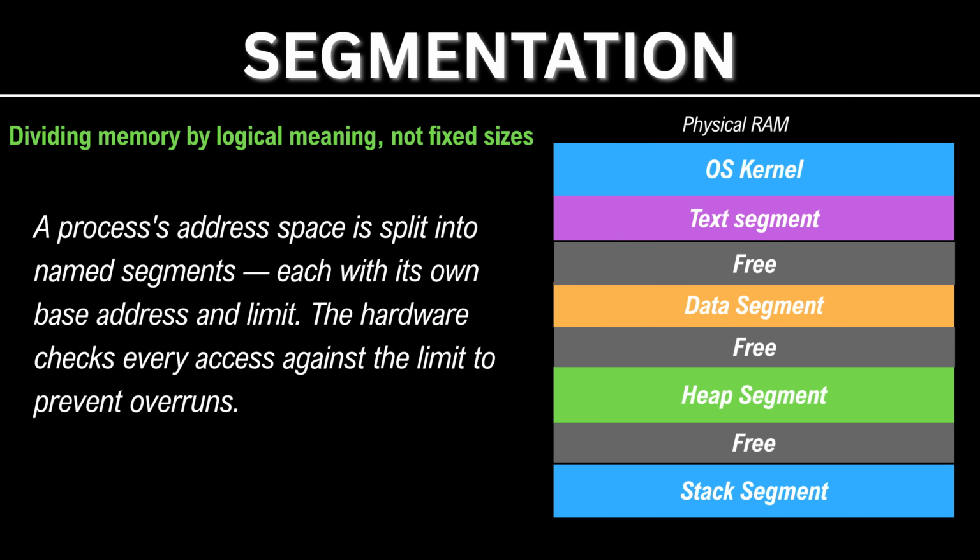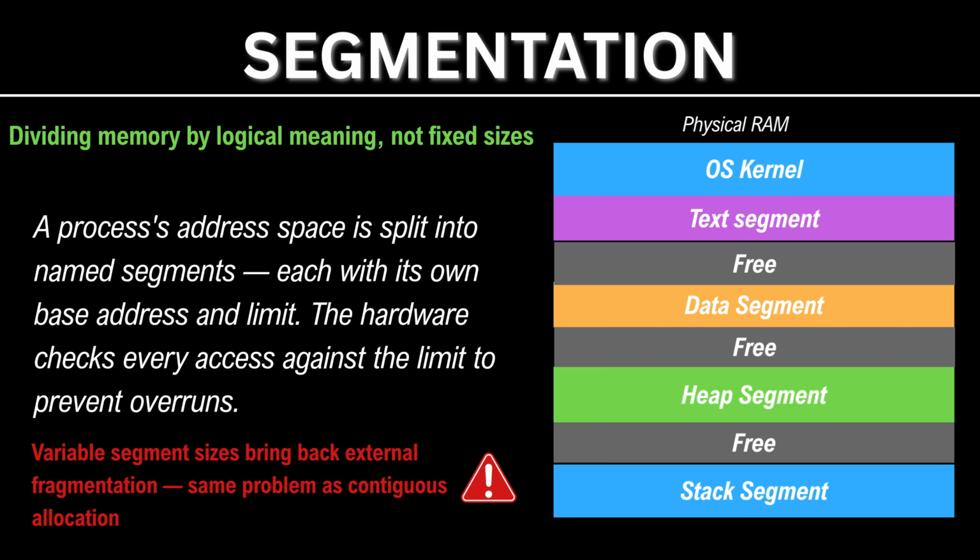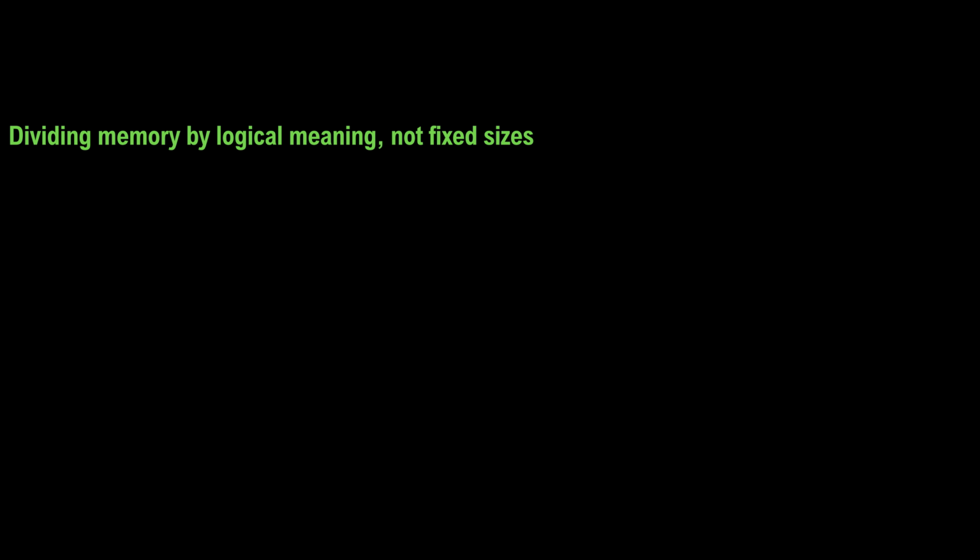The hardware checks every memory access against the limit, exceed it, and you get a segmentation fault. But segmentation brings back external fragmentation. Segments are variable size, and as they grow and shrink, the same fragmentation problem emerges in physical memory.